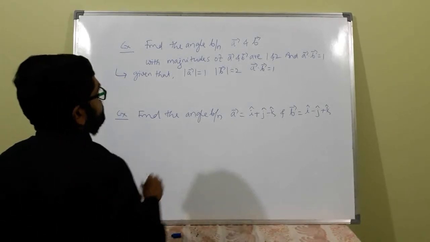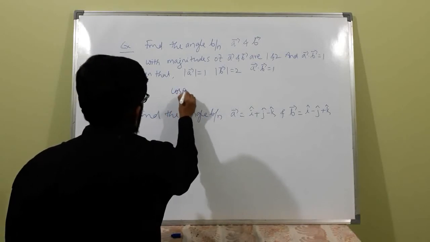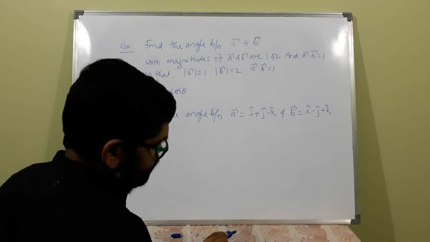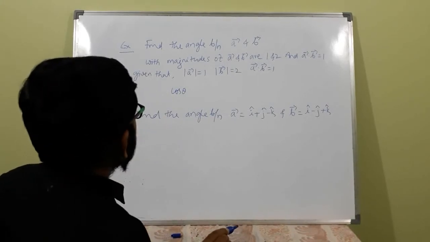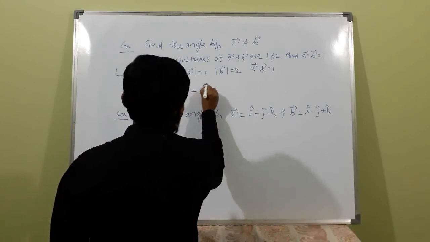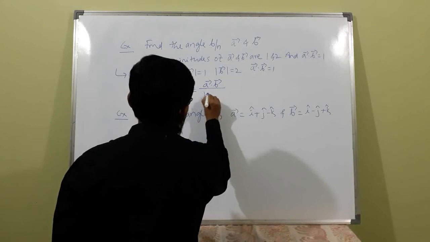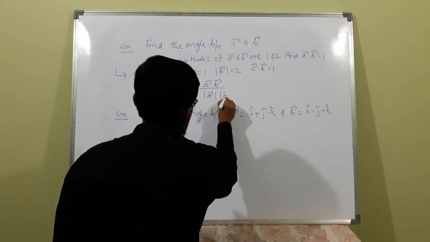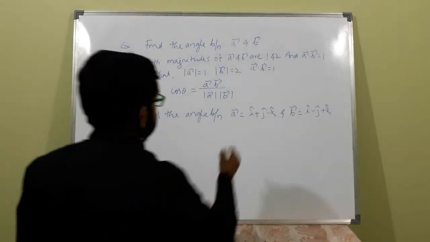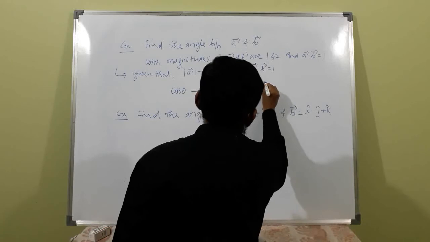See, find the angle. A dot B is equal to magnitude of A into magnitude of B into cos theta. So cos theta is equal to A dot B divided by magnitude of A into magnitude of B. Okay, that is 1 by 1 into 2, or half.